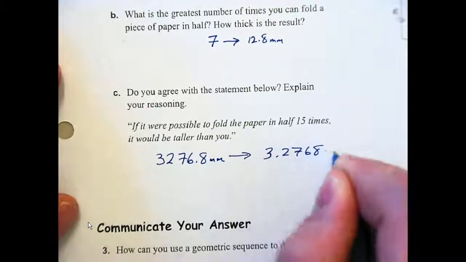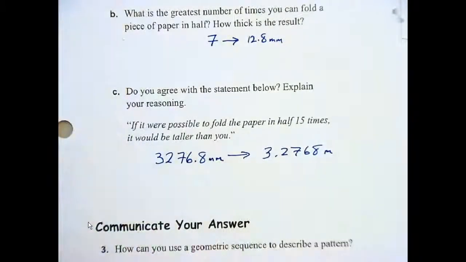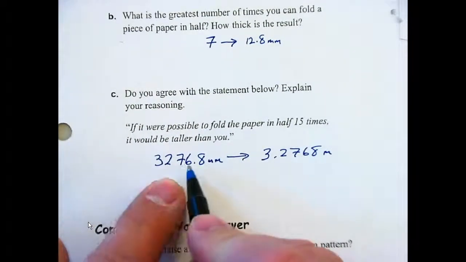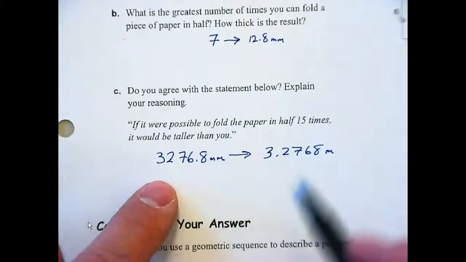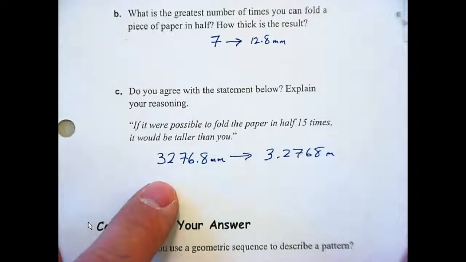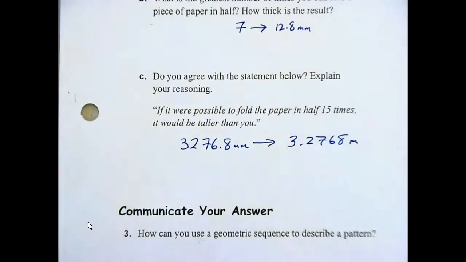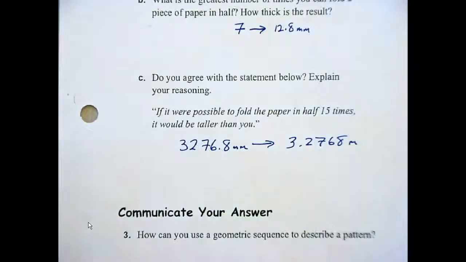Just so we know, that is 3.2768 meters. So for those of you not doing conversions, just think of it this way. There are 1,000 millimeters in 1 meter. There are 10 millimeters per centimeter and 100 centimeters per meter. A meter stick, like a yardstick.